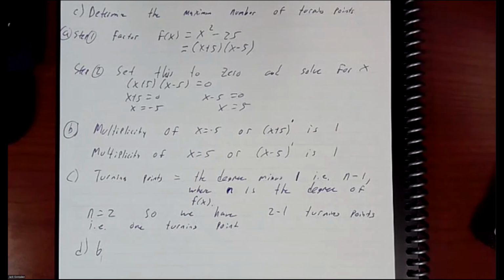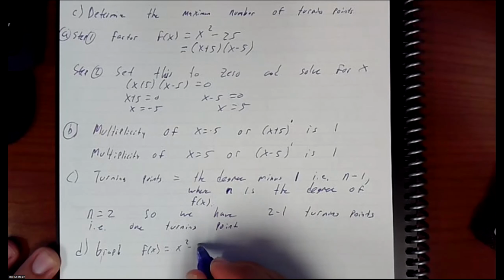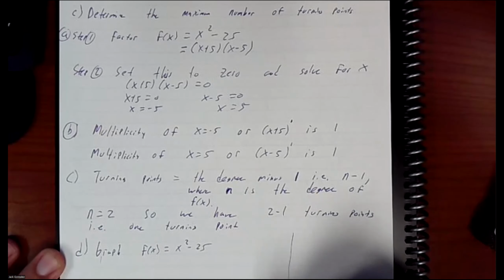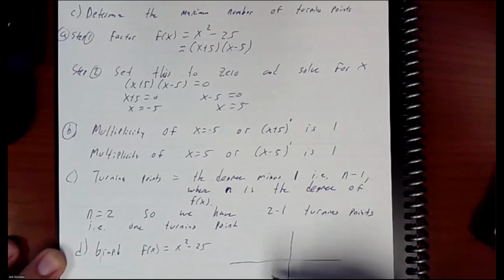So do we have to say it's a parabola or a quadratic or? Not on this question. But they do want you to graph it. So this is just a basic parabola. So you should know what it is. Go down to 25, negative.